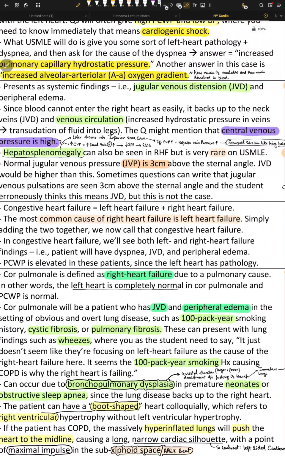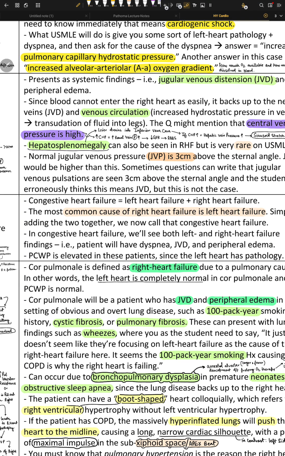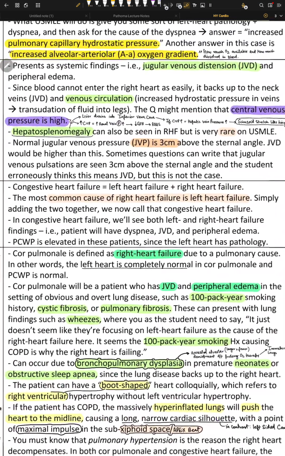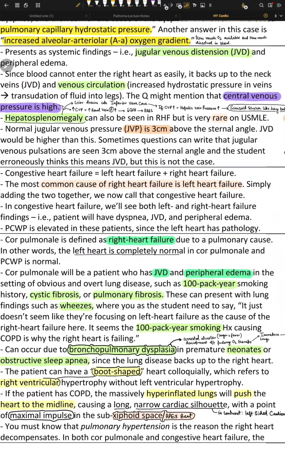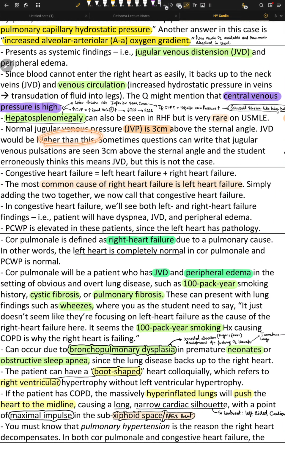Okay, cool thing. So we see hepatosplenomegaly can also be seen in right heart failure, of course, which is very high yield on exams. Normal jugular venous pressure, that is JVP, is around 3 centimeters above the sternal angle. JVD would be higher than this, of course.